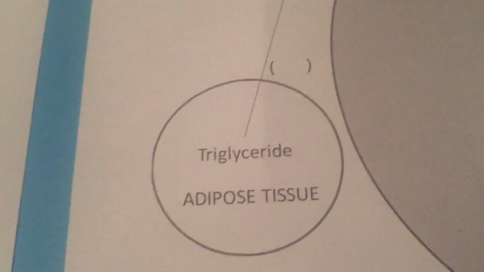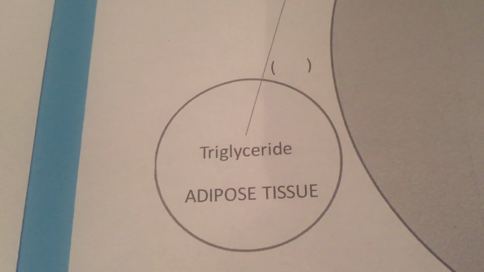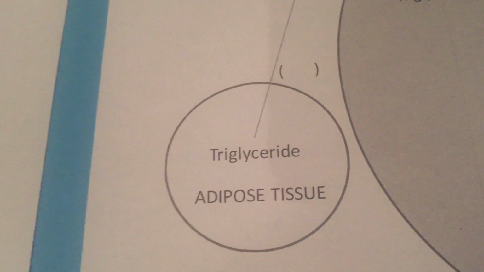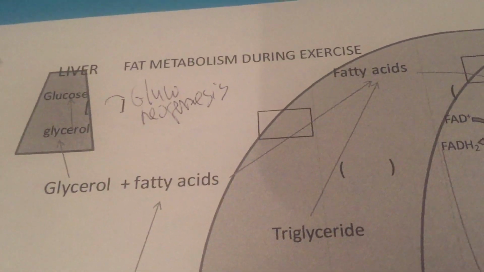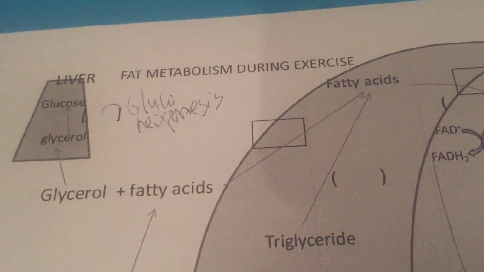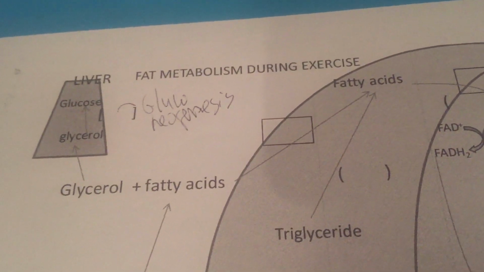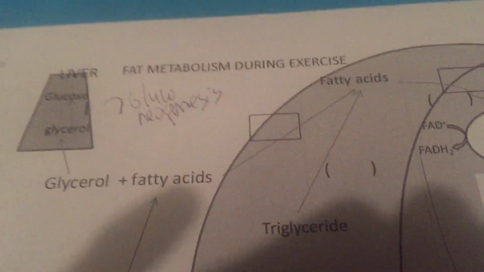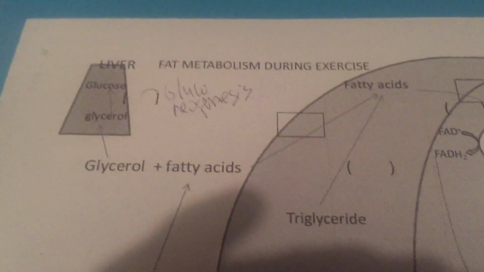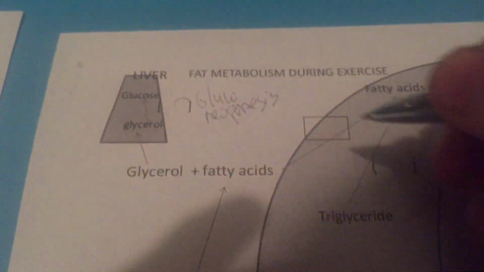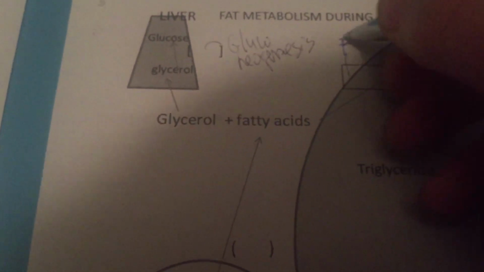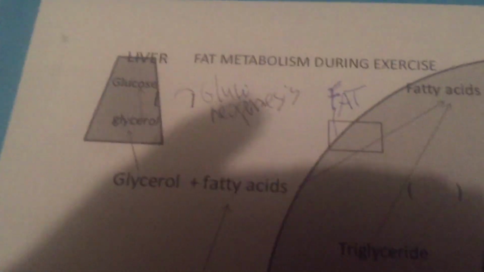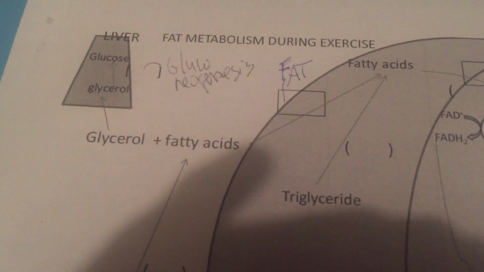So you have triglycerides, which is being broken down in adipose tissue during exercise. It gets into the muscle through that fatty acid translocase, which is located in the muscle fiber membrane. So fatty acid translocase, I'm just using the abbreviation FAT here for fatty acid translocase. Okay, so that's what belongs in that box.